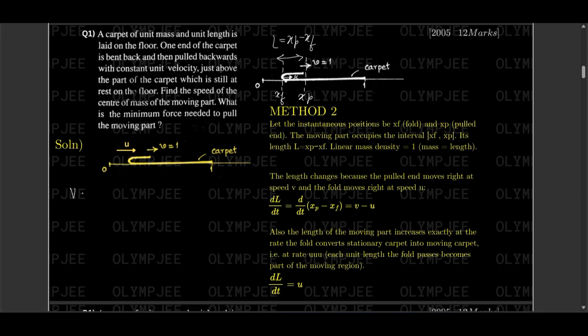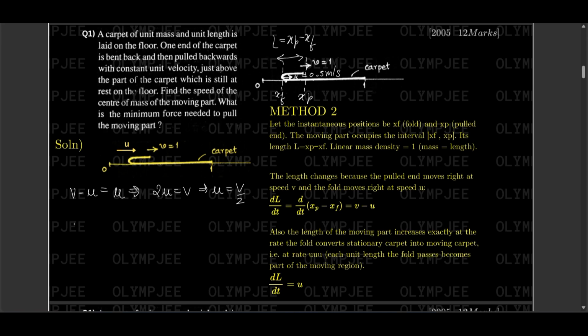So we get v minus u is equal to u, which gives us 2u is equal to v, or u is equal to v by 2. So this folded end is moving with 0.5 meter per second.